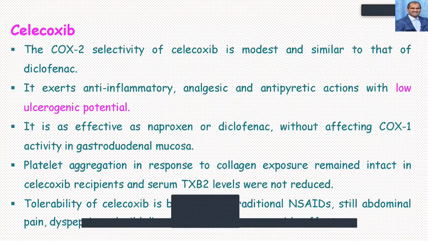It is as effective as naproxen and diclofenac without affecting COX-1 in the gastroduodenal mucosa. Platelet aggregation in response to collagen exposure remained intact in celecoxib recipients, and serum thromboxane B2 levels were not reduced. So it is better tolerated than the traditional NSAIDs.